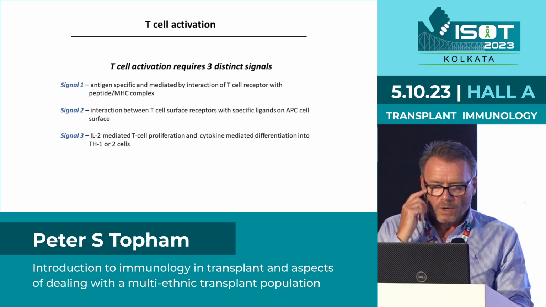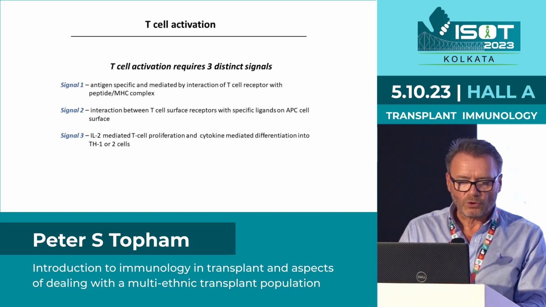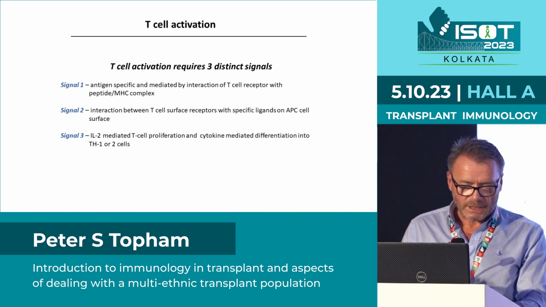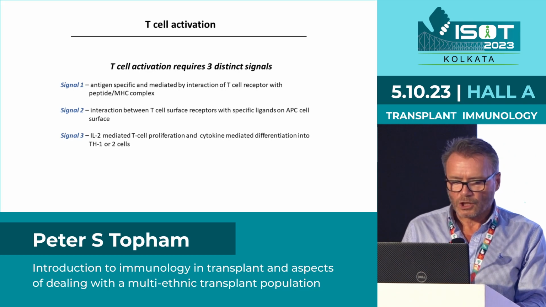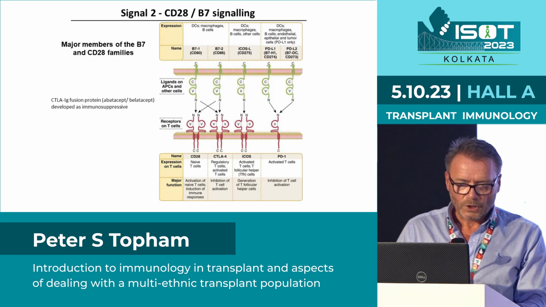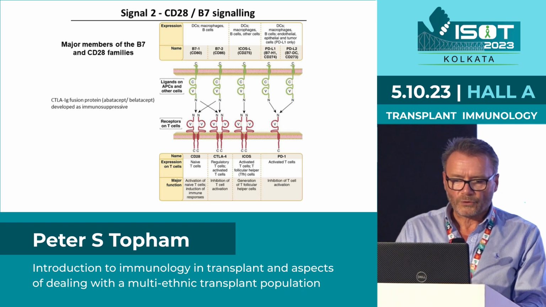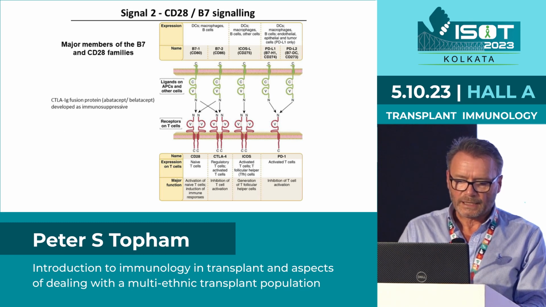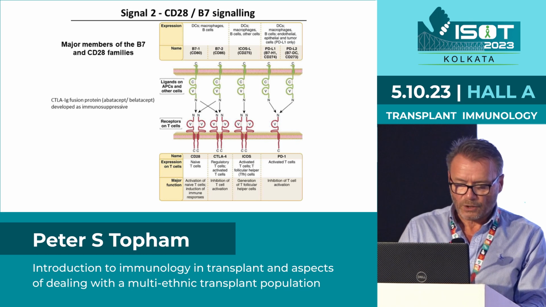T cell activation requires 3 distinct signals. I've talked to you about signal 1, which is the presentation of foreign antigen in the context of MHC. The second one is the interaction between cell surface receptors and specific ligands on the antigen-presenting cells. Broadly speaking, there are 2 main groups, the CD28 and B7 signaling. Normally CD28 will interact with B7-1 or B7-2, and that will cause activation of naive T cells.